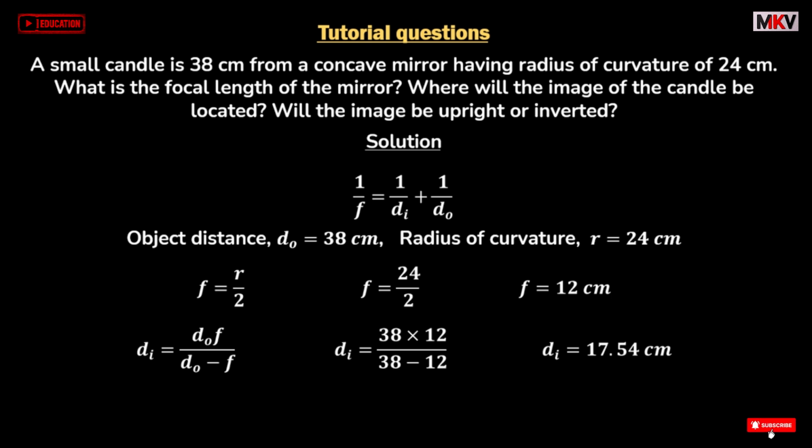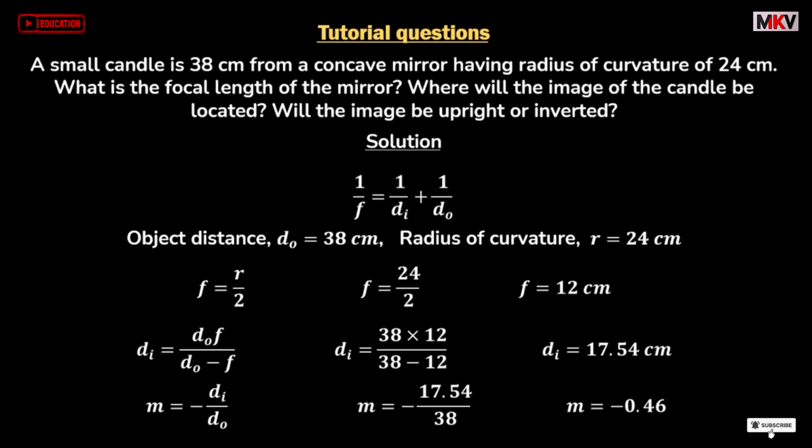So will the image be upright or inverted? Now we are supposed to find the magnification as well. The magnification will also tell if the image will be upright or inverted. And we know that magnification is equal to minus di over d naught. Since the question didn't give us the height of the object and the image, we are supposed to use the image distance and the object distance. So magnification equals minus di over d naught.